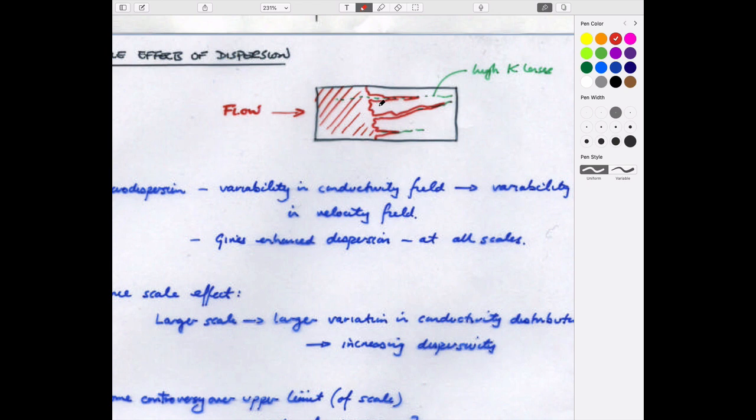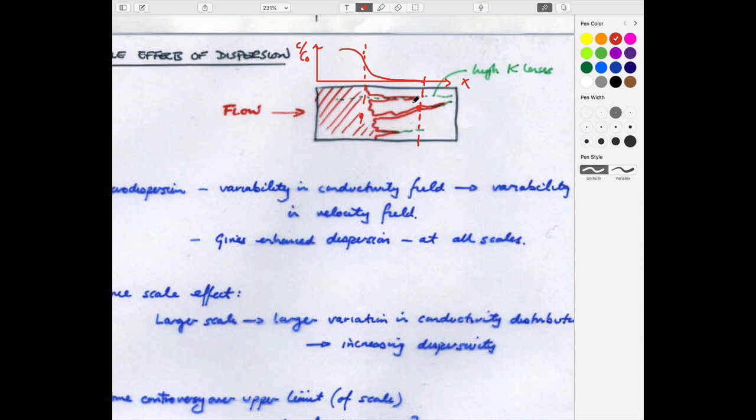So if you look at the distribution along this front, you'd expect it to look something like this.